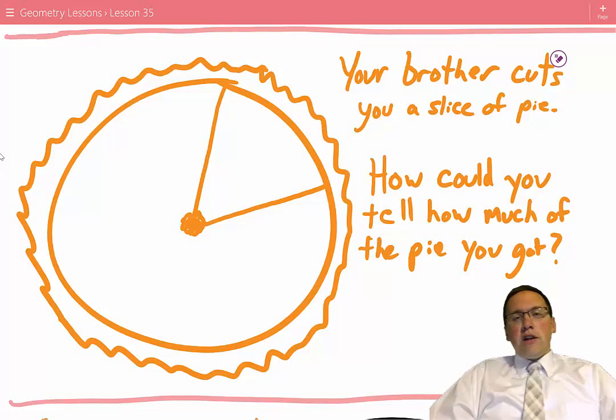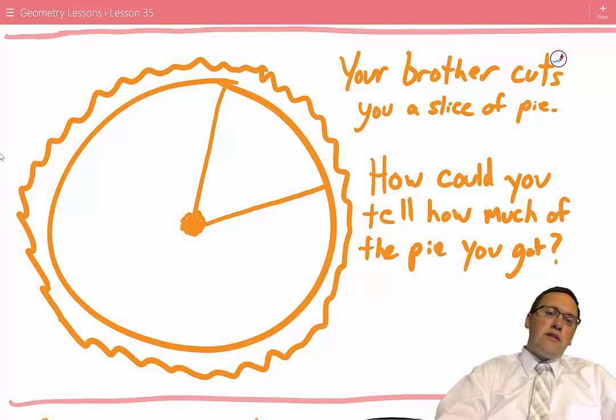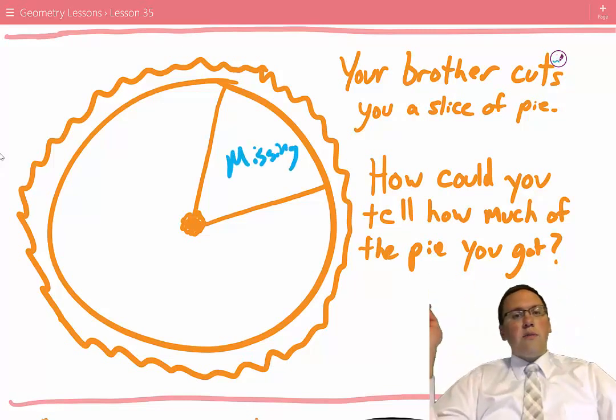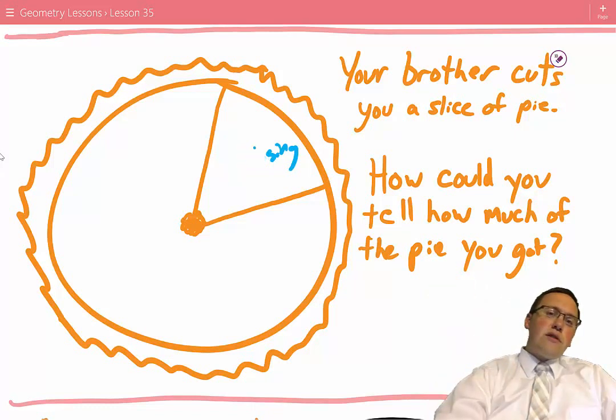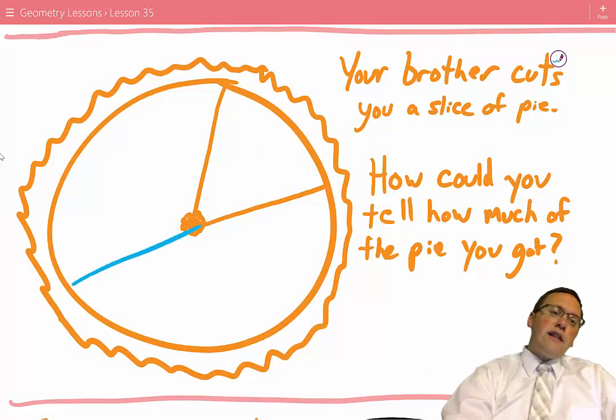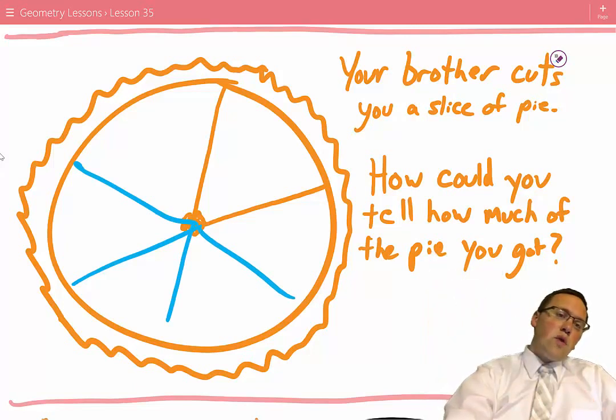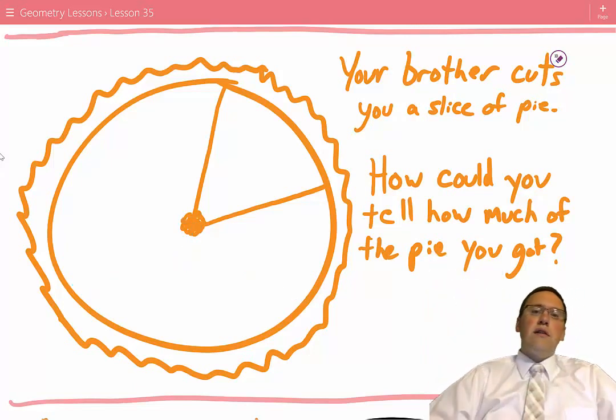Well, you may think you're at a disadvantage because if you're looking at the pie as a whole, and maybe this is the missing piece, you can tell it's maybe about 1/6 or 1/7 or 1/8. Or if you saw dividing lines, you might say that's 1/6 if that's the way it was cut.